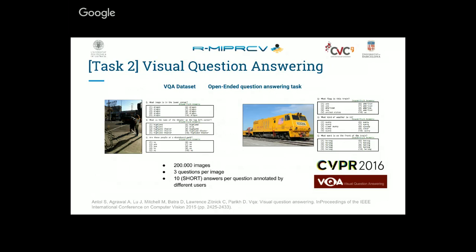One important detail is that these answers are usually very short. So, in fact, most of the groups in the challenge used in their model, instead of generating word by word, just a softmax, which outputted the whole answer of the sentence at once.